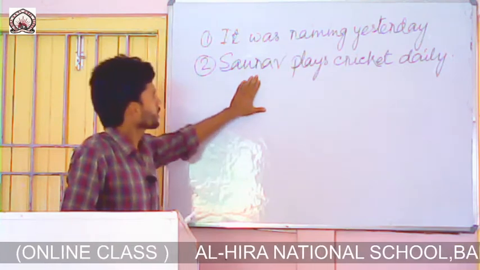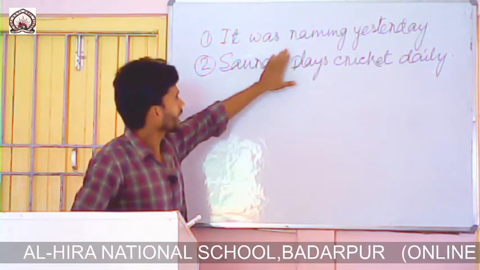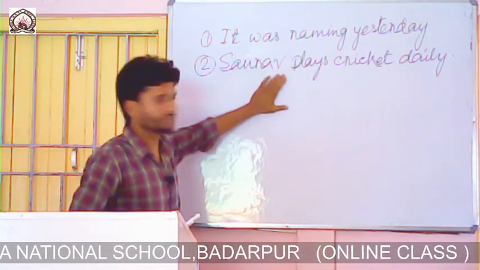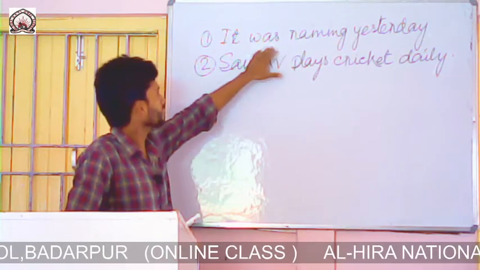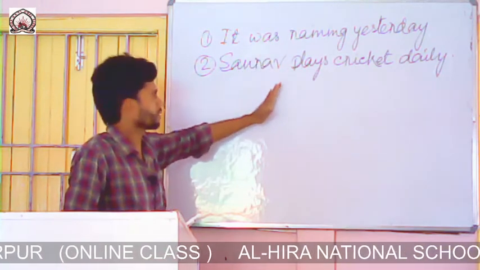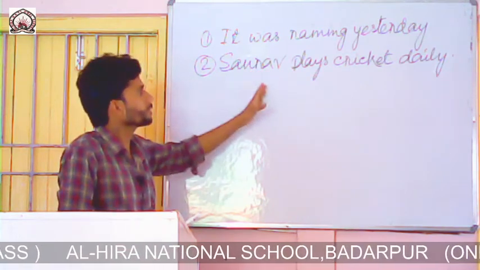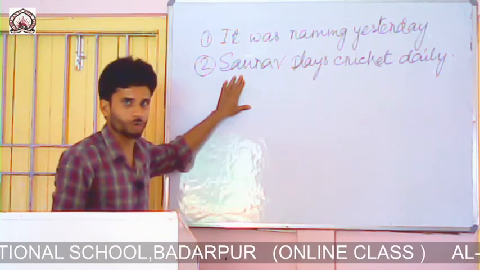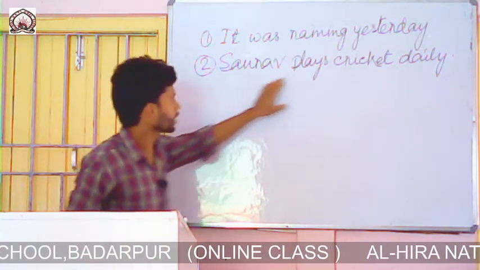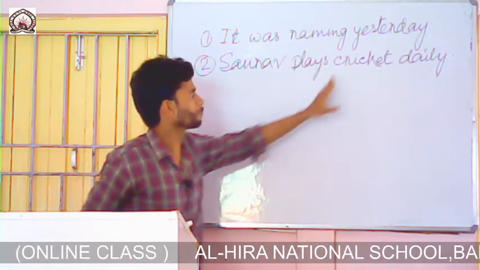Here you see this sentence, unlike the first one, this sentence was in past continuous tense. The first sentence was in past continuous tense. This sentence number 2 is in present tense and present indefinite, simple present. Here you see the subject Saurav is third person singular, and that is why S is there with the verb plays. Saurav plays cricket daily.